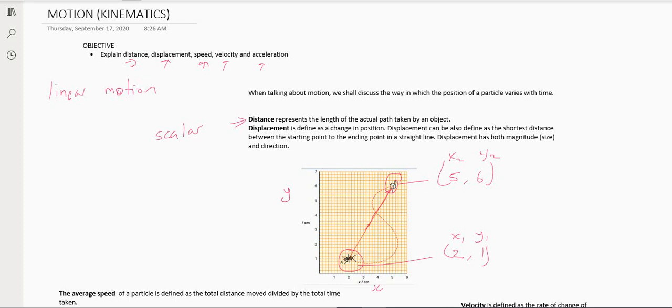All right. Now we can also define displacement as the shortest distance between the starting point and the ending point.